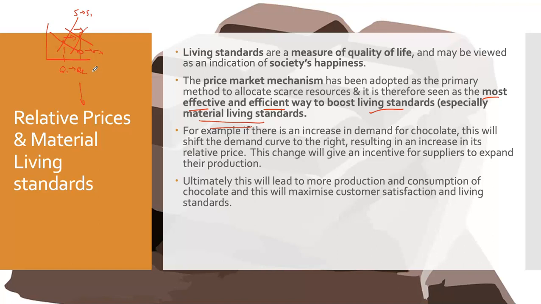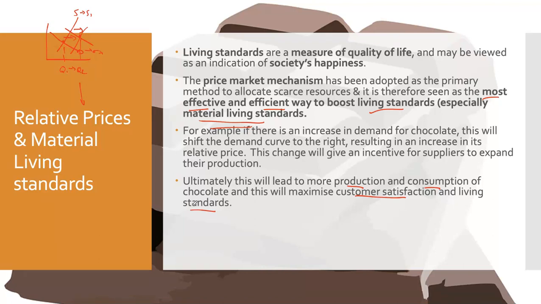Ultimately, this price mechanism, understanding and allocating our resources as a result of supply and demand curves, has led to more production, more consumption, and this has maximized our satisfaction and living standards because more people can purchase goods, chocolate, because we are producing more of it.